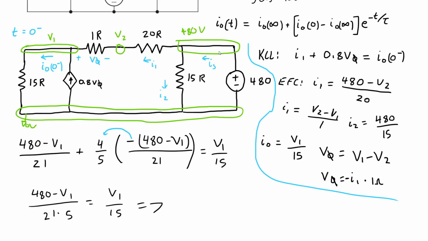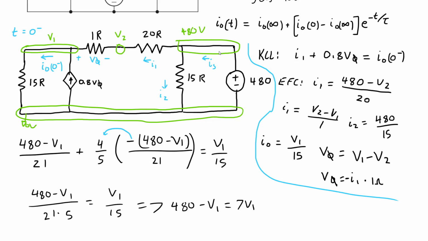So multiply everything here. 21 times 5 is 105. 105 divided by 15 is 7. So 480 minus V1 equals 7 V1.